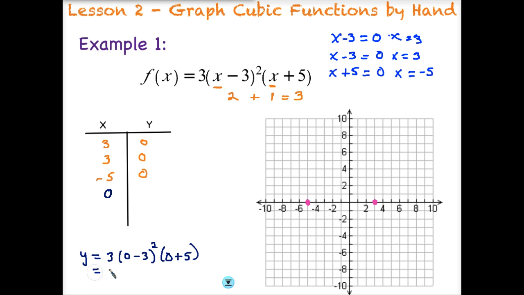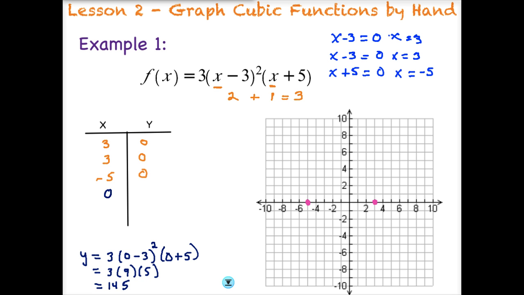So I'm going to simplify. 0 minus 3 is negative 3, and negative 3 squared is positive 9. 0 plus 5 is just 5. If I multiply all these together, I get 9 times 5 is 45, and 45 times 3 is, I believe, 145.